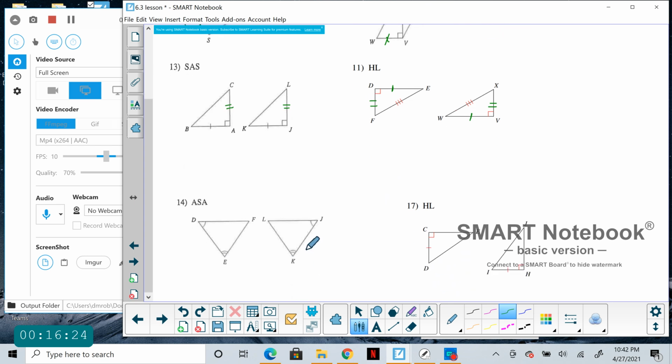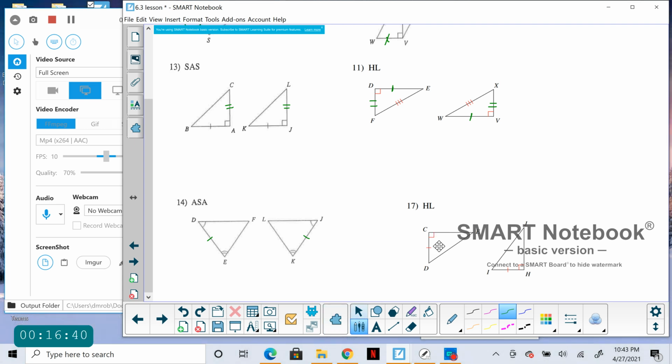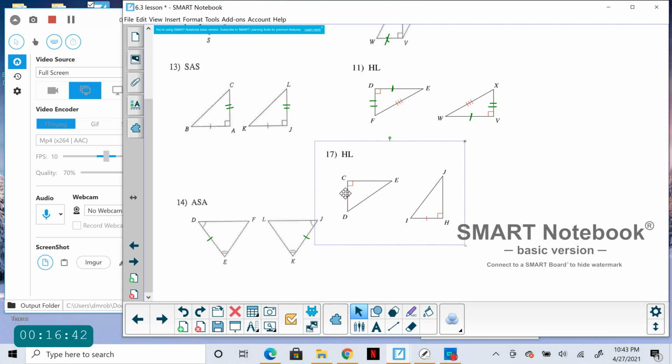Number 14, angle side angle again. So we need a side between the two angles. So we would need DE to be congruent to JK. And let's see, move it up here so we can see it since that little watermark is in the way.